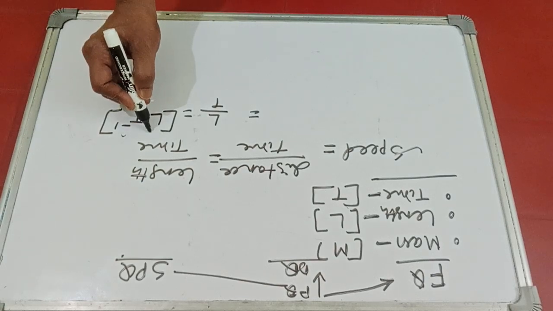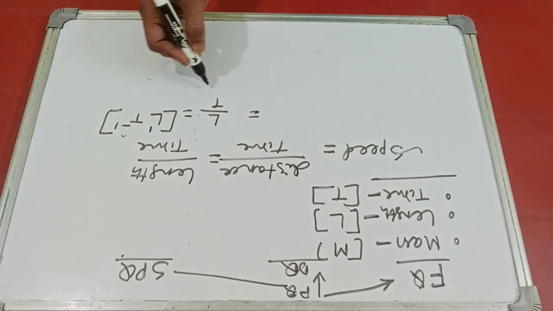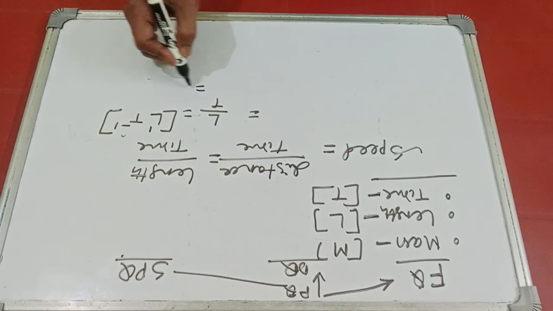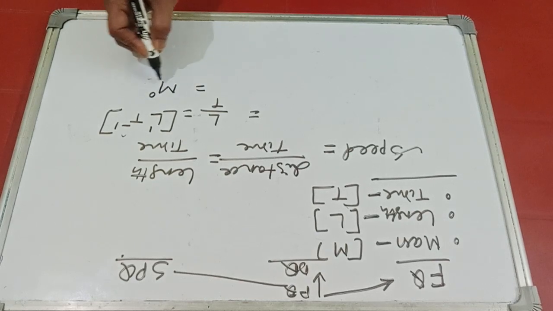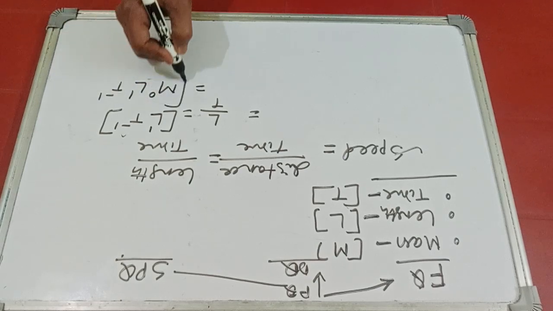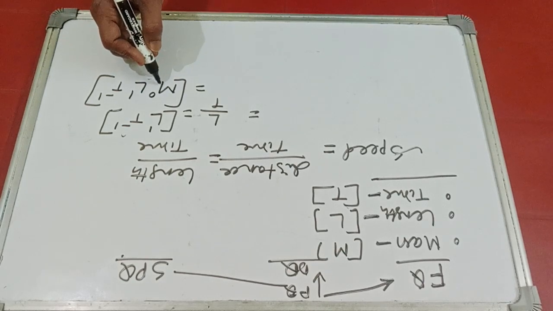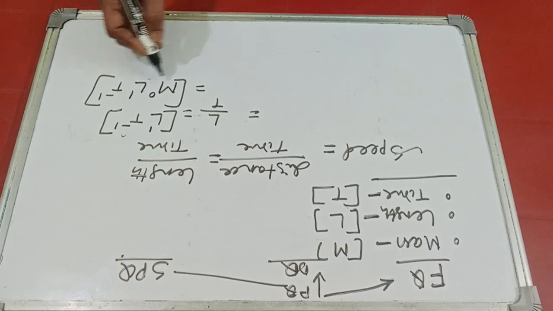Here L has power 1, and in this case M is not there, so we can write M power 0, L power 1, and T power minus 1. Here dimensions are exactly the powers of fundamental quantities.